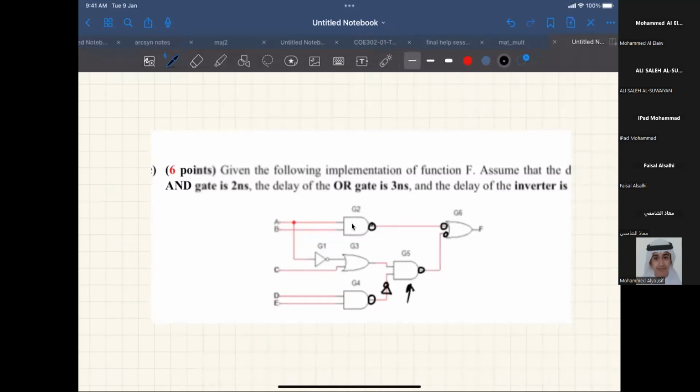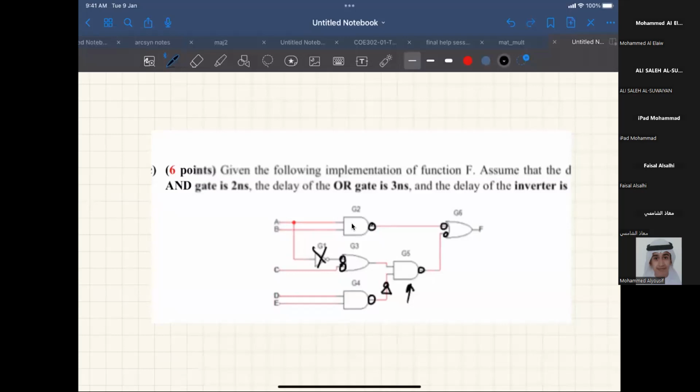Now, for this OR gate, we can move this inverter ahead to be a bubble at input. So I'll delete it and put it in here, and then put a bubble here.